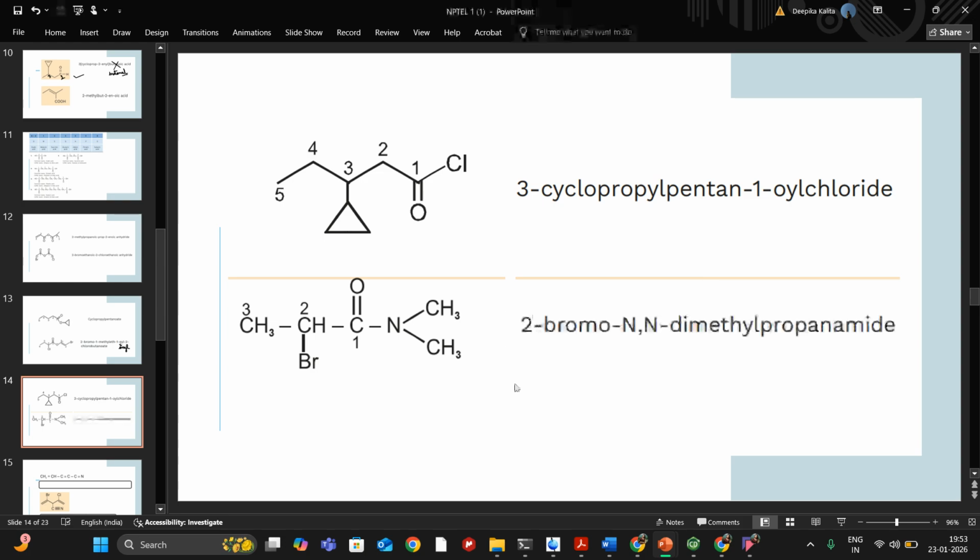Okay, hence, the name will be 2-bromo-N,N-dimethylpropanamide. Propanamide because the parent carbon chain is having 3 carbon atoms. Okay, so I hope the names of these acid chlorides and the amide are clear to you.